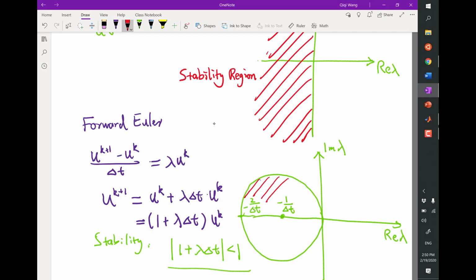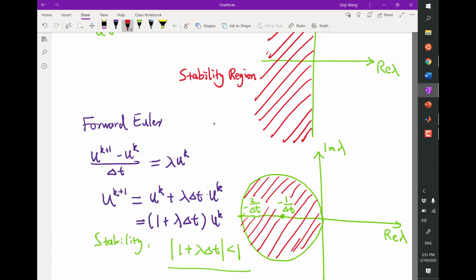Okay. How well does that approximate the stability region of the real differential equation, of the analytical solution? Well, it's hard to say, right? It depends on delta t.